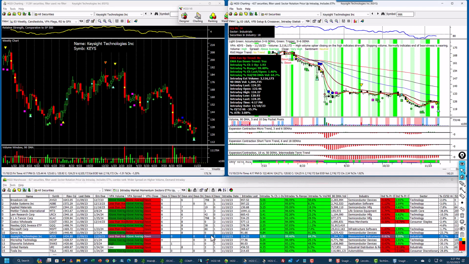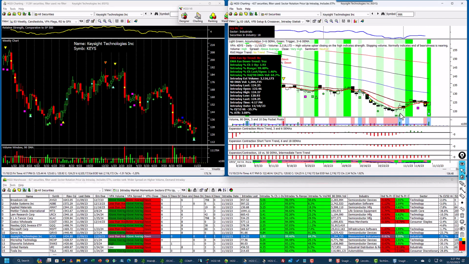This is a stock that had a short rally here. Let's move in a little bit on this. Under accumulation here, rallied a little bit, and then it pulled back, and now it crossed over again today. Not a cheap stock. It's in the $125 range, but it's not been a good stock.